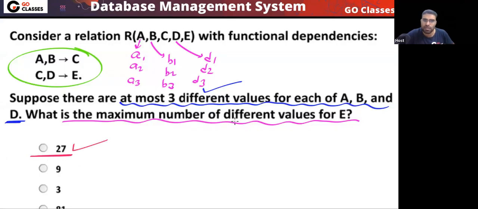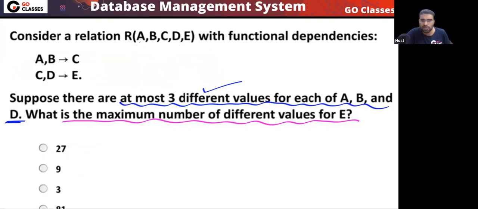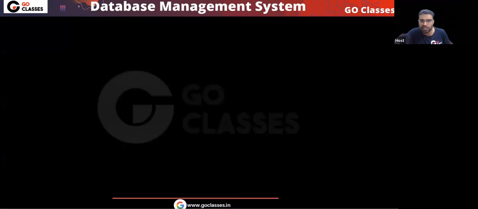Is this understood? This is another very simple question, but I hope you understood the concept of functional dependency. Everything that we have seen so far, is that clear? Did you understand what is functional dependency, what is trivial functional dependency, non-trivial functional dependency?